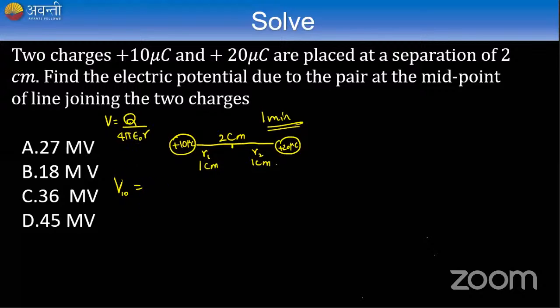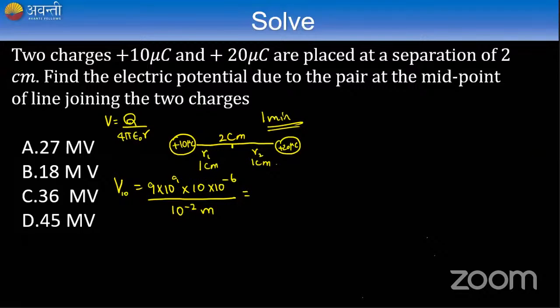So guys, do it. 1 by 4 pi epsilon naught is 9 into 10 power 9. So I'll apply that: 9 into 10 power 9 into Q, which is 10 into 10 power minus 6, divided by 1 centimeter, which is 10 power minus 2 meters. What is the answer I get?